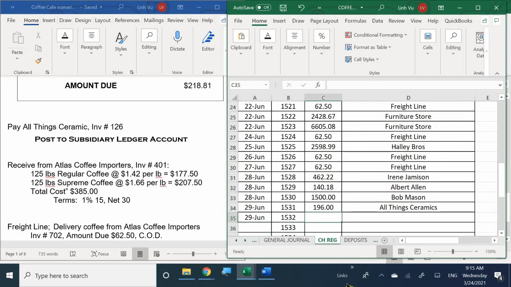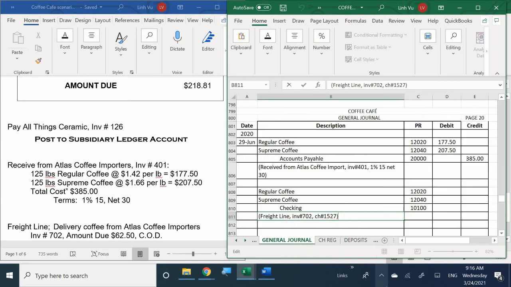Okay. Check number 1532 for the amount of $62.50. And we're making this payment to Freight Line.